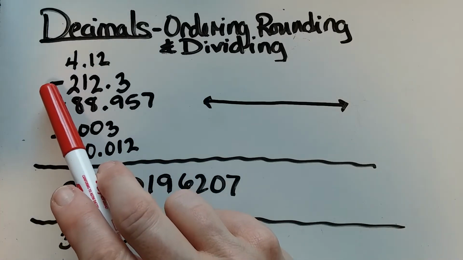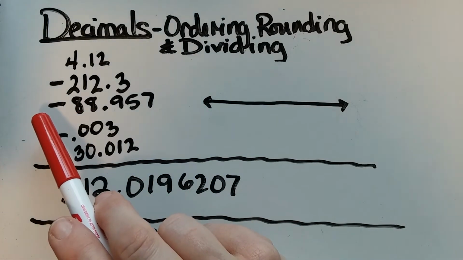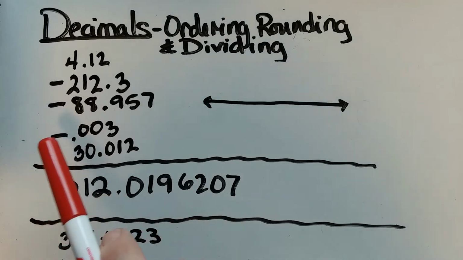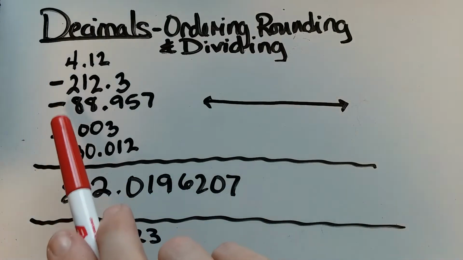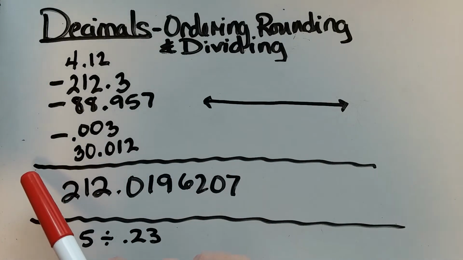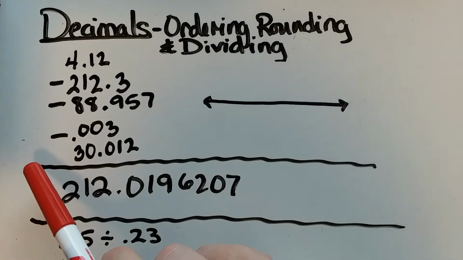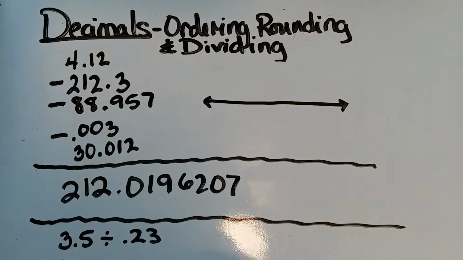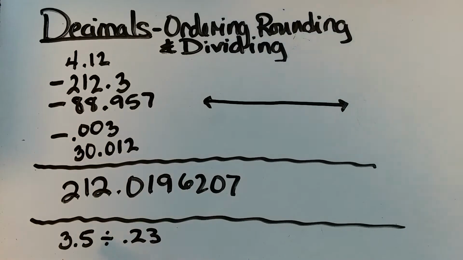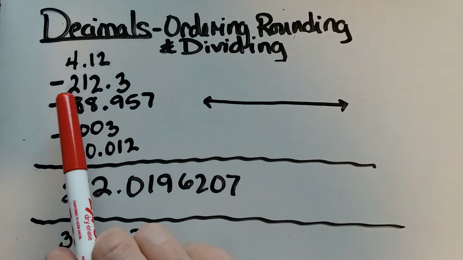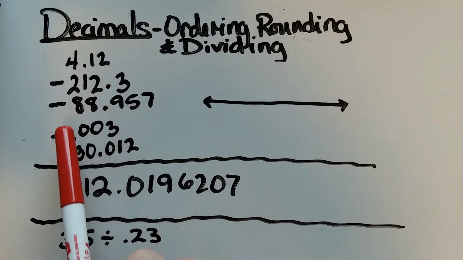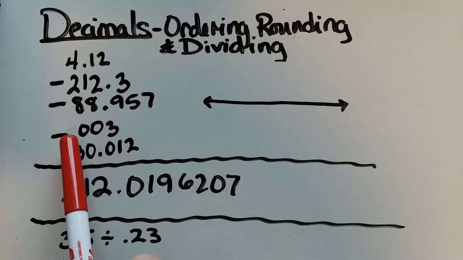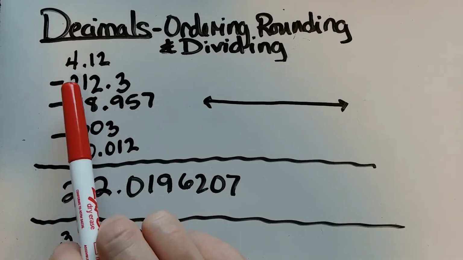We've got negative 212 and 3/10, negative 88 and 957 thousandths, and we've also got negative 3 thousandths. So what we'll look at here is, relative to the decimal point, we have something in the hundreds place, a negative.